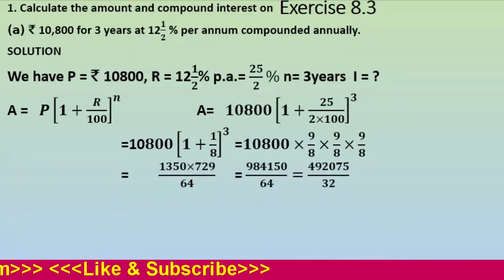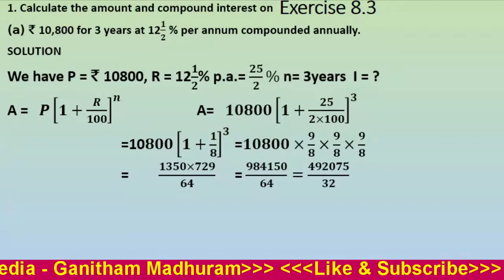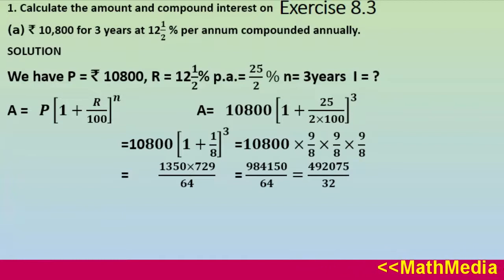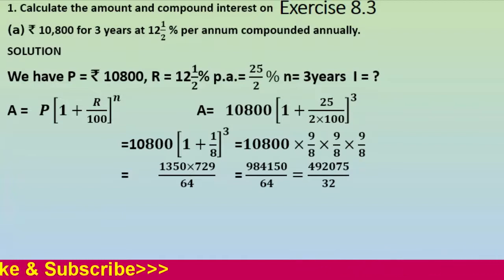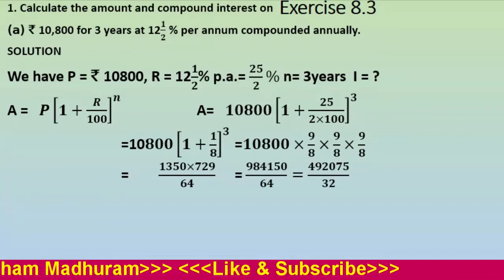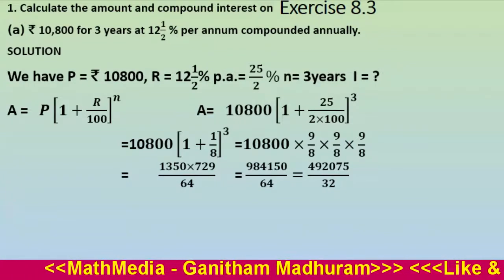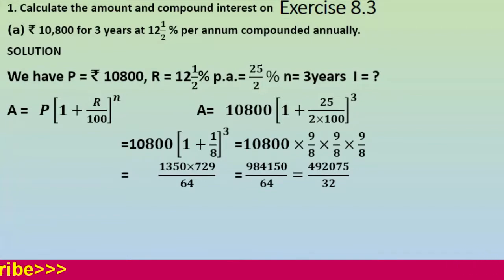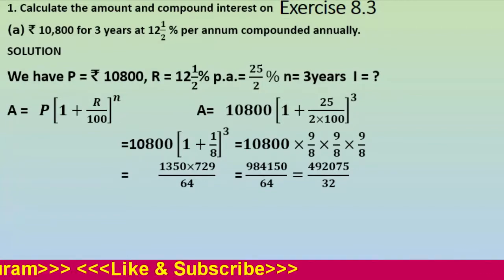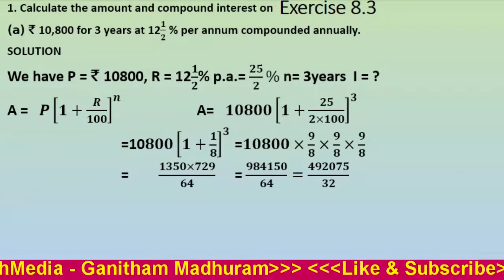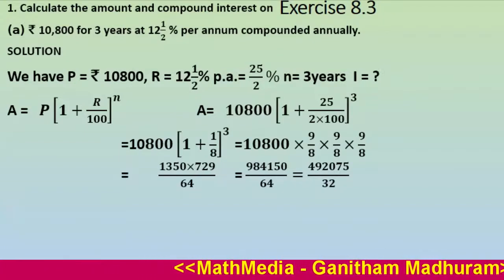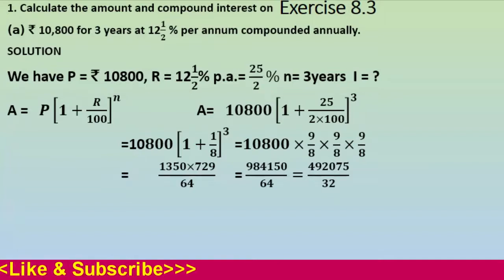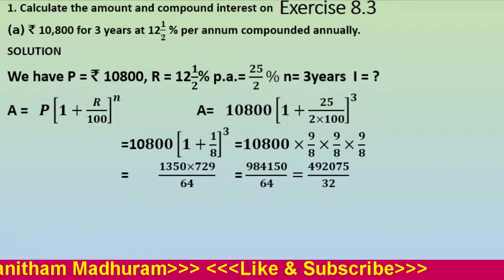If we are cancelling, we get 1350 multiplied by 9 cube, which is 729, upon 64. 8 is cancelled with the 10,800. While multiplying 1350 with 729, we get 9,84,150 upon 64.